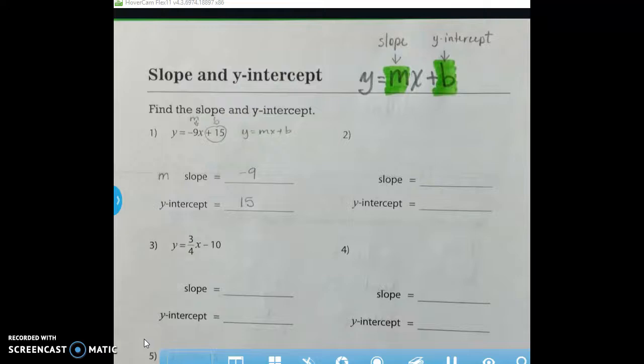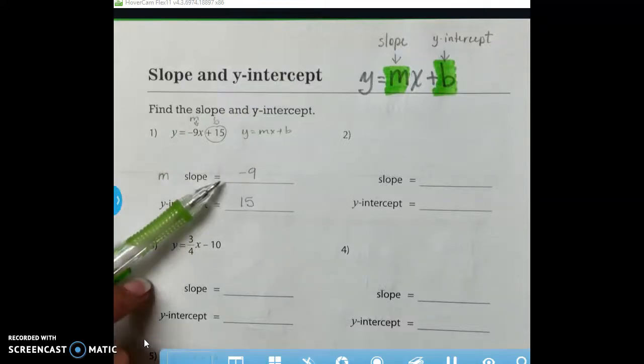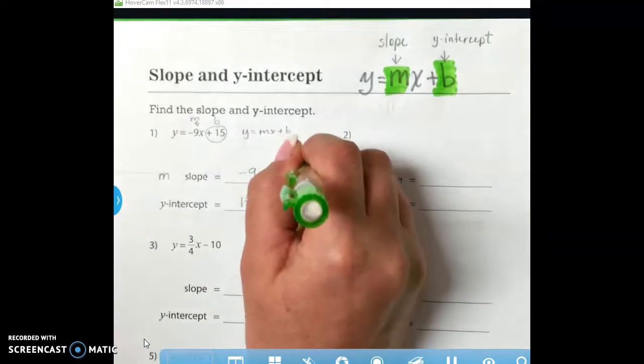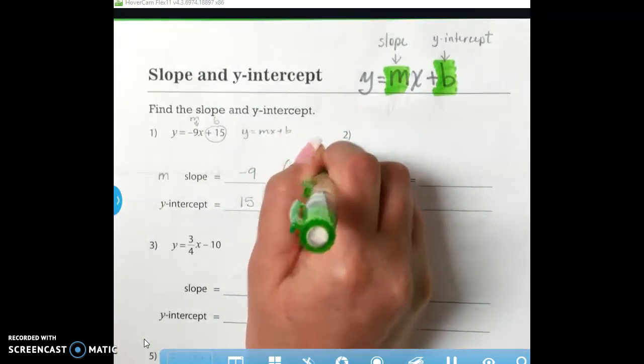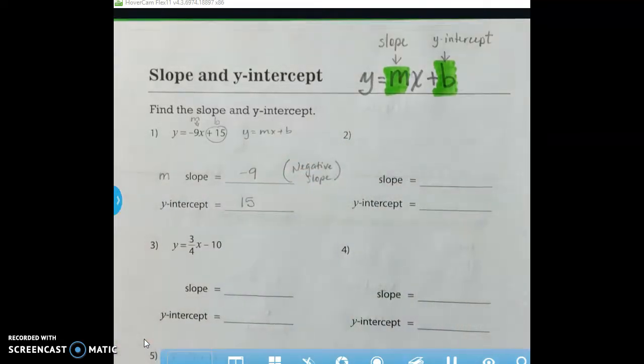I want to make sure that you're really careful when you're writing down your values, because this value of slope is negative. So yes, when we graph it, we will have negative slope, negative equation, negative graph that will be falling from left to right.